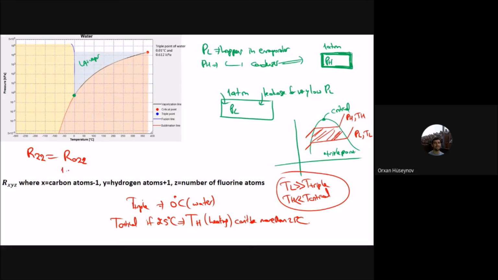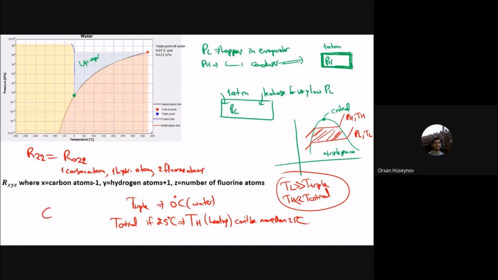You have one carbon atom, and the 2 means hydrogen atoms plus 1, so you have one hydrogen atom. The other 2 means 2 fluorine atoms.